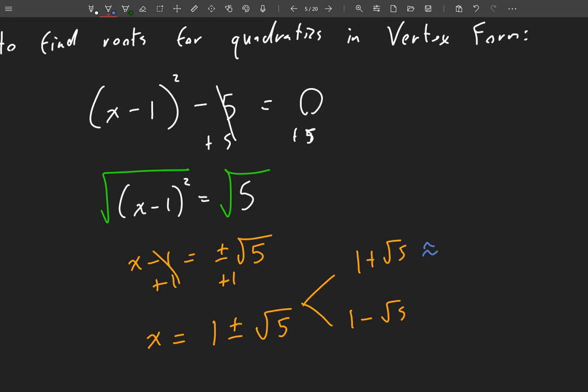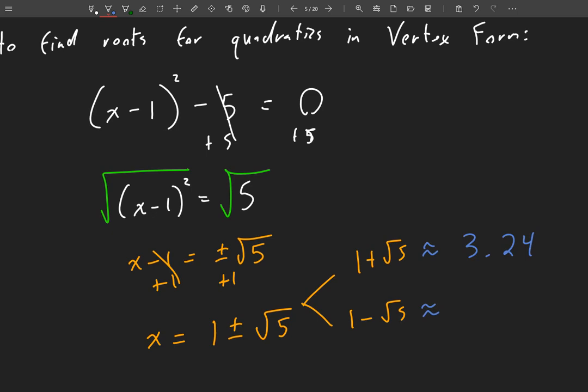get my calculator out. The square root of 5 is 2.236, blah, blah, blah. Lots of stuff. So if I add 1 to that, it's going to be 3.24, let's round to that. And now this is going to be 1 minus that number, which is going to be, let's see.